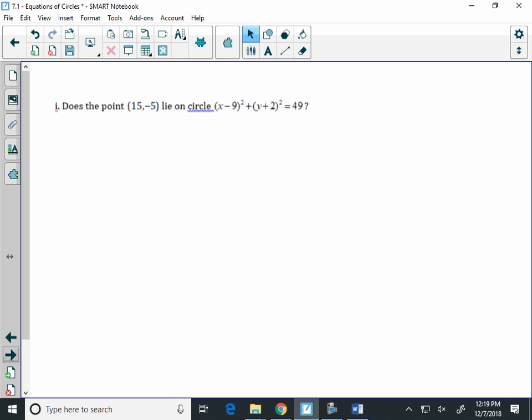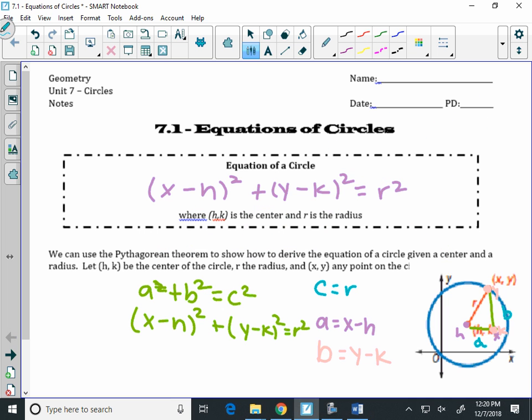The next question is asking, does the point (15, -5) lie on the circle? To figure this out, all you have to do is take 15 and -5 and plug it in for x and y. The reasoning behind that stems back to how we derive the equation of a circle.